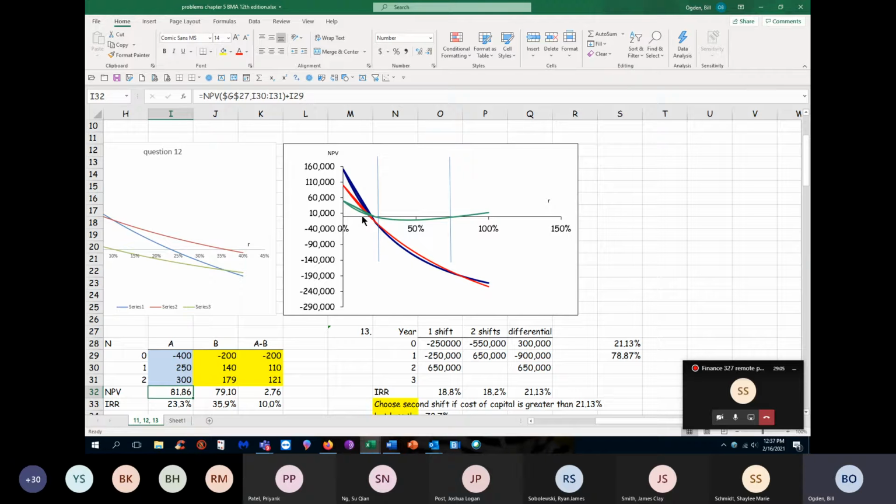And then you would stay with those 2 shifts until the cost of capital reaches 78.87%, at which time you would technically go back to 1 shift.